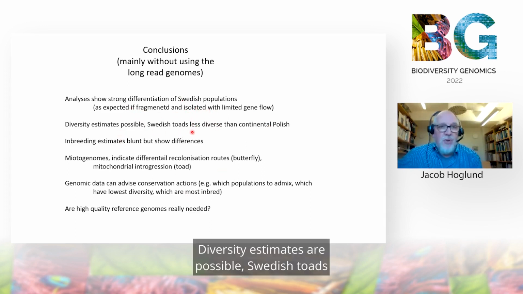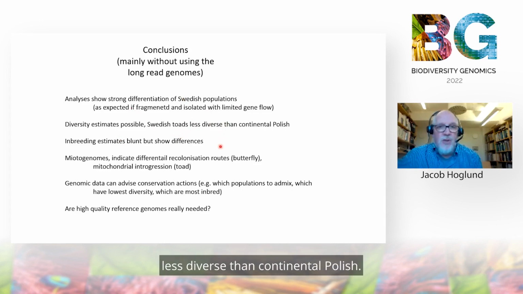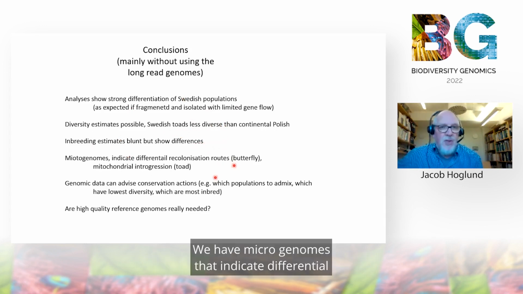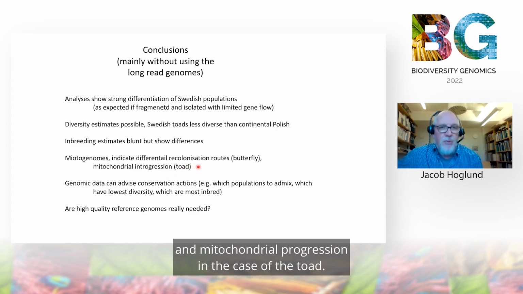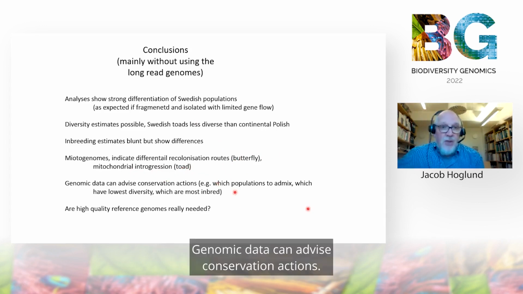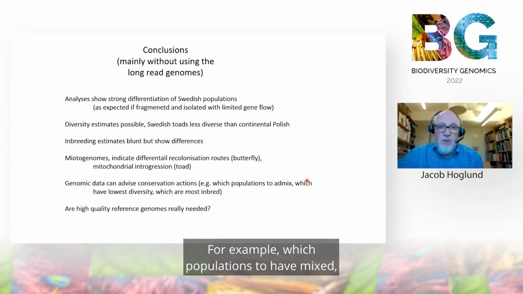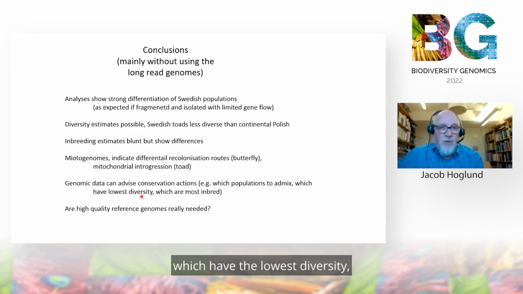Diversity estimates are possible: Swedish toads are less diverse than continental Polish ones. Inbreeding estimates are blunt, but they show differences among populations. We have mitogenomes that indicate differential recolonization routes in the case of the butterflies and mitochondrial introgression in the case of the toad. Genomic data can advise conservation actions, for example which populations to admix, which have the lowest diversity, which are most inbred, and so forth.